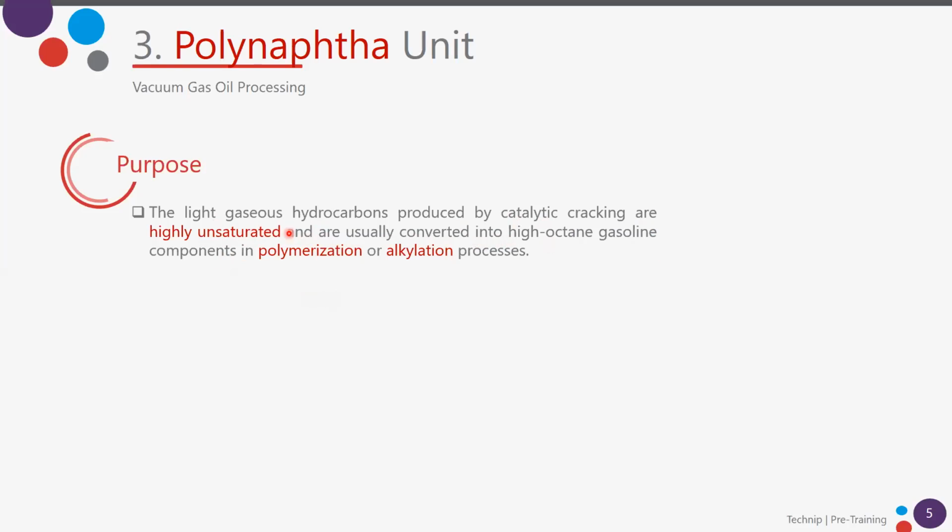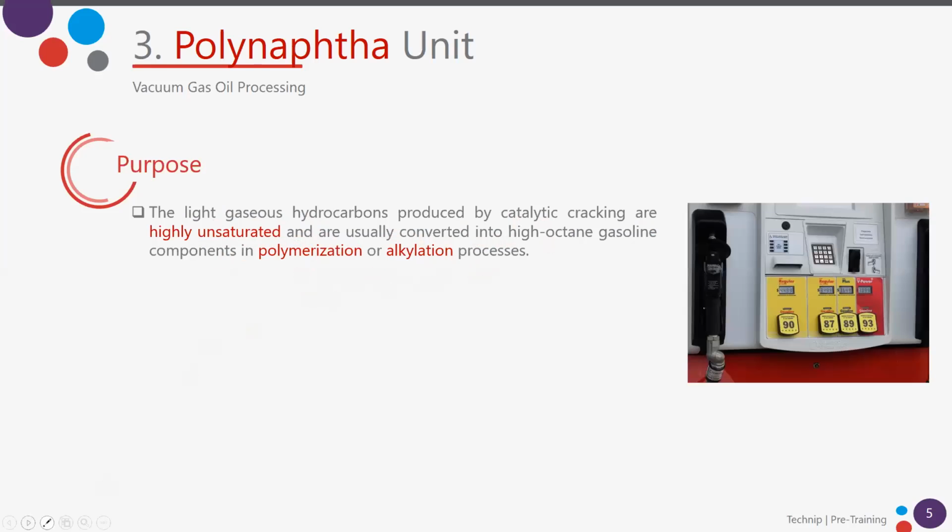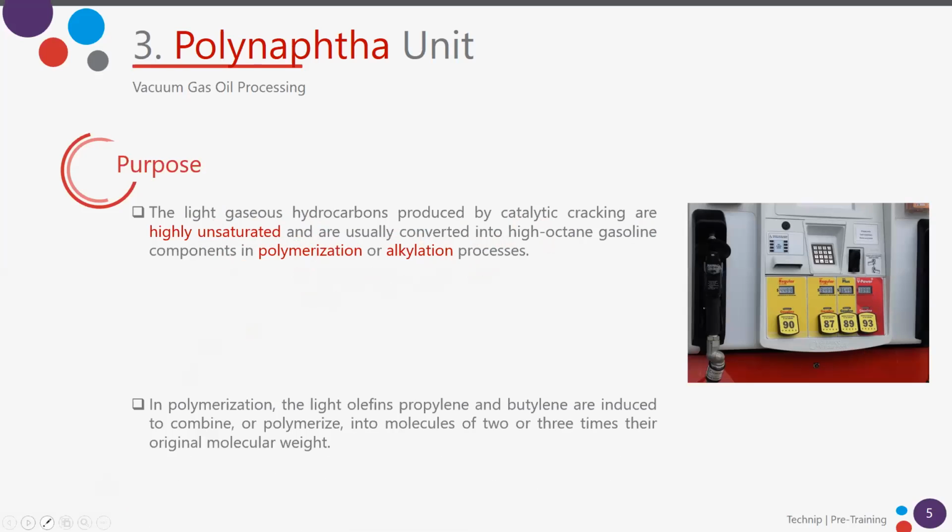Mainly, we have two processes where we can improve the quality of these streams: the polymerization or the alkylation process. So the idea is to produce more gasoline.